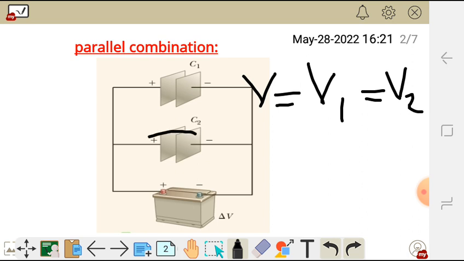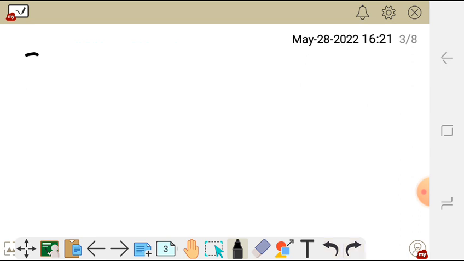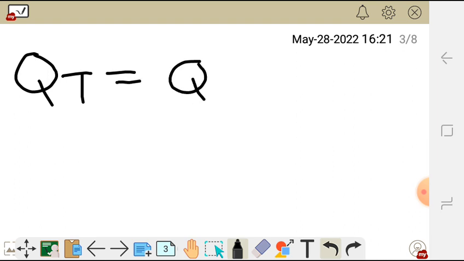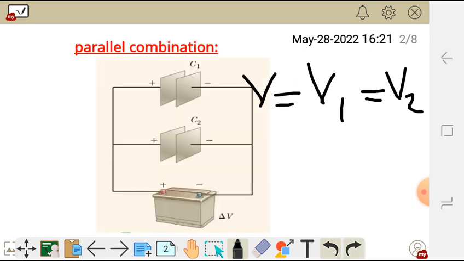The charges which are passing here are not equal to the charge there. So to find the total charge, you simply say total charge is equal to Q1 plus Q2, where Q1 is the charge for capacitor 1 and Q2 is the charge for capacitor 2.